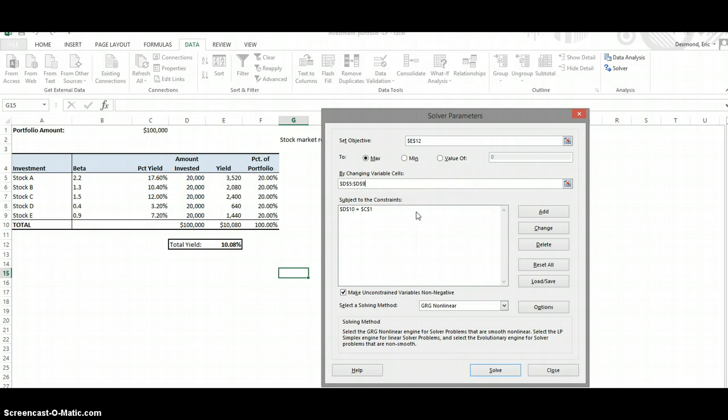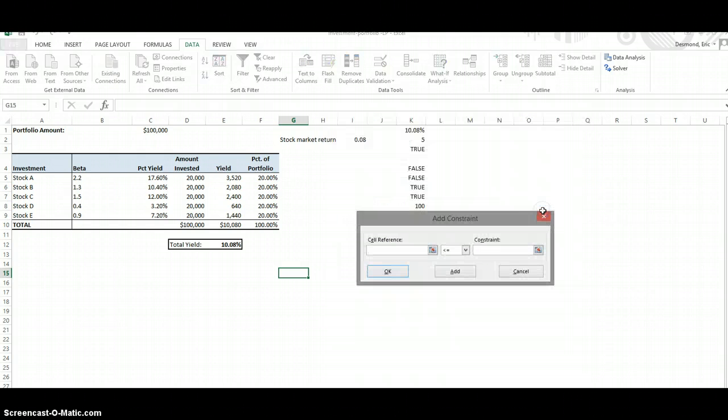So we're going to add some constraints. We're going to say that we want to develop our portfolio as realistic as possible. So we add a constraint, add the first one, cell reference, percent of portfolio for the high risk stock. The high risk stock can't be more than 15% of our portfolio.